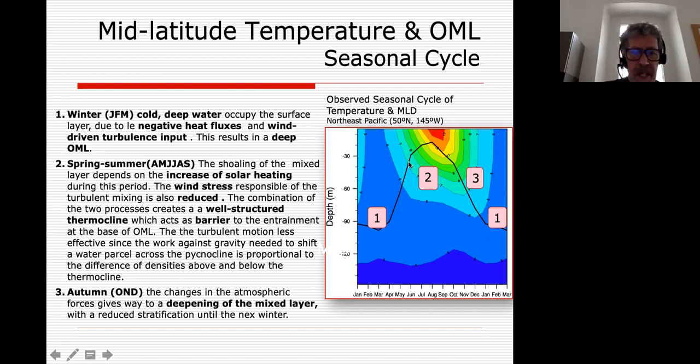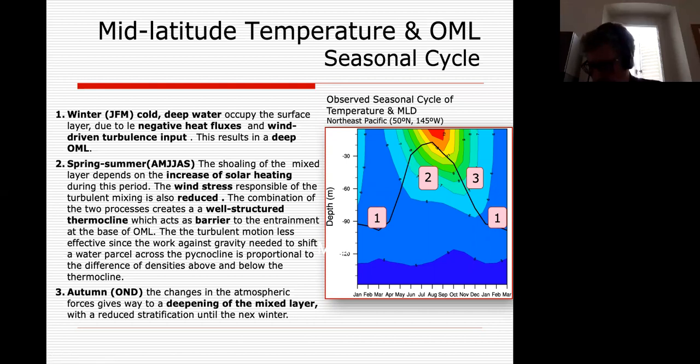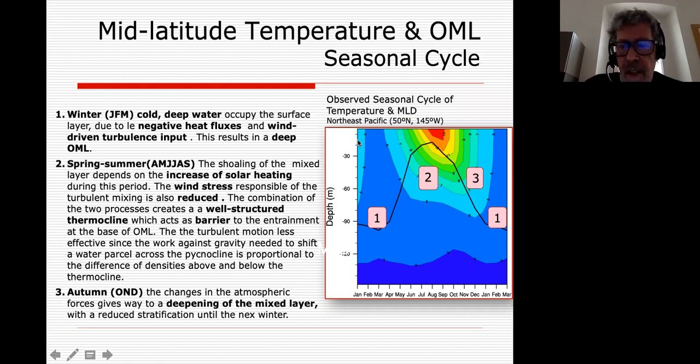So the combination of increased solar radiation, net heat fluxes, and reduction of the wind stress, so the turbulent mixing is also reduced, gives way to a very well structured thermocline. We can even detect a thermocline that is not more than 20 meters in August, September.